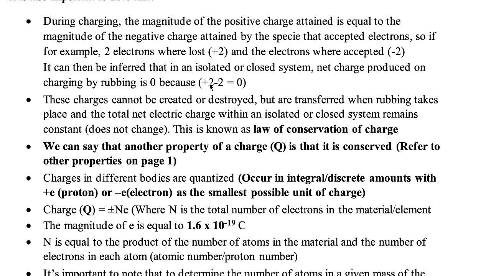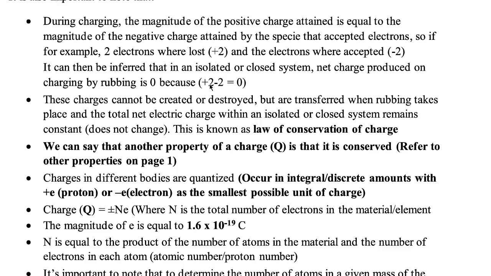But in this case, we're talking about the total charge remaining constant, even though there's now transfer of what? Electrons, but at the end of the day, everything remains constant. Do you understand? Everything remains constant, provided that it is what? An isolated or a closed system.